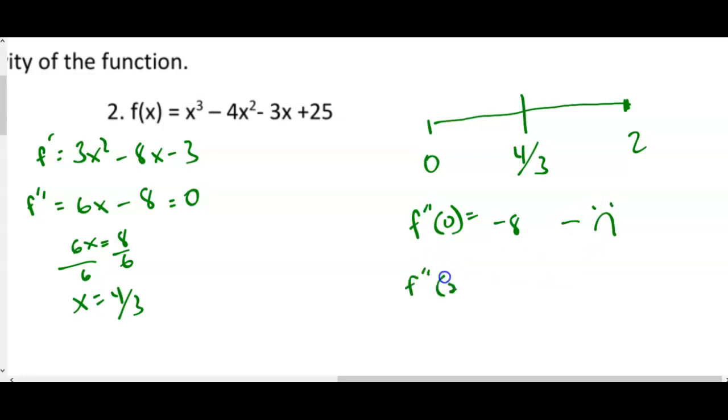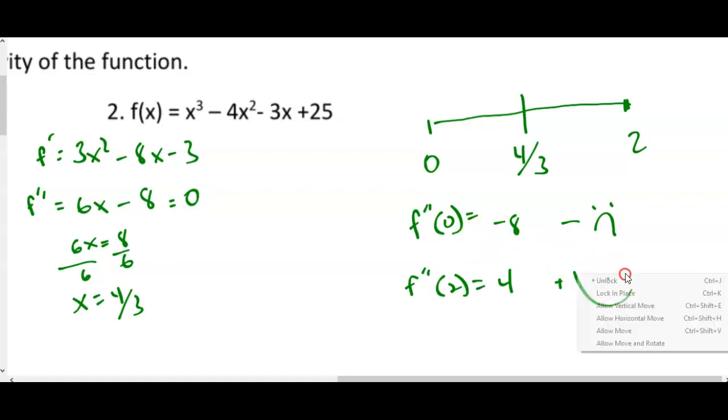And then of 2, 12 minus 8 is 4. That's positive. Smiley face. Oh my gosh, that's a terrible smiley face. Let me try it again. Smiley face. So, what we have here is concave up.